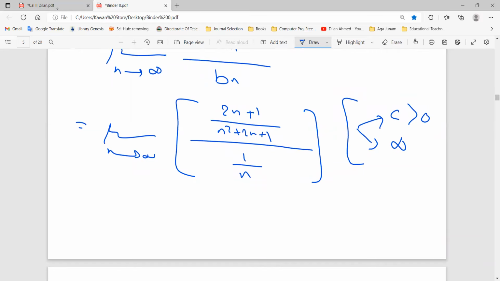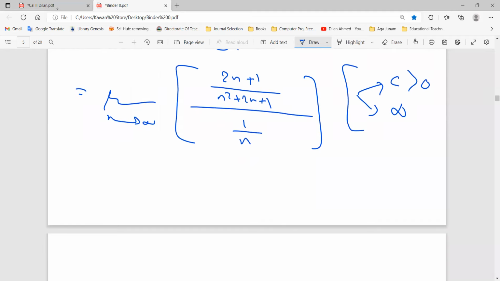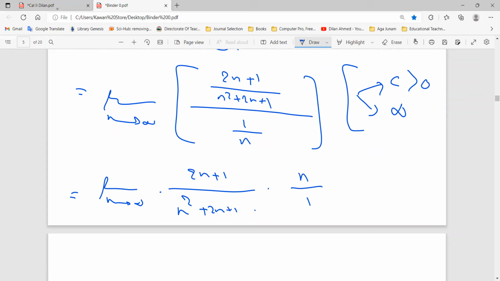So how do we solve that limit? Easy. C is equal to the limit as n approaches infinity of the first part. Easy. Equal to what?